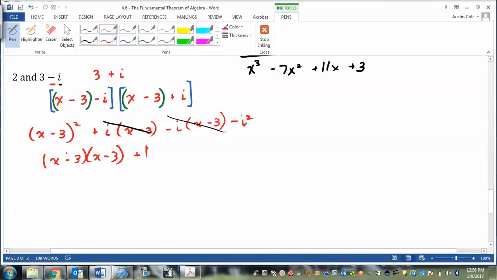Okay, when I FOIL x minus 3, it's going to be x squared minus 6x plus 9. Kind of did that in my head a little bit. Plus 1, which is really x squared minus 6x plus 10. Are we done? No, because we need to multiply by our last factor.